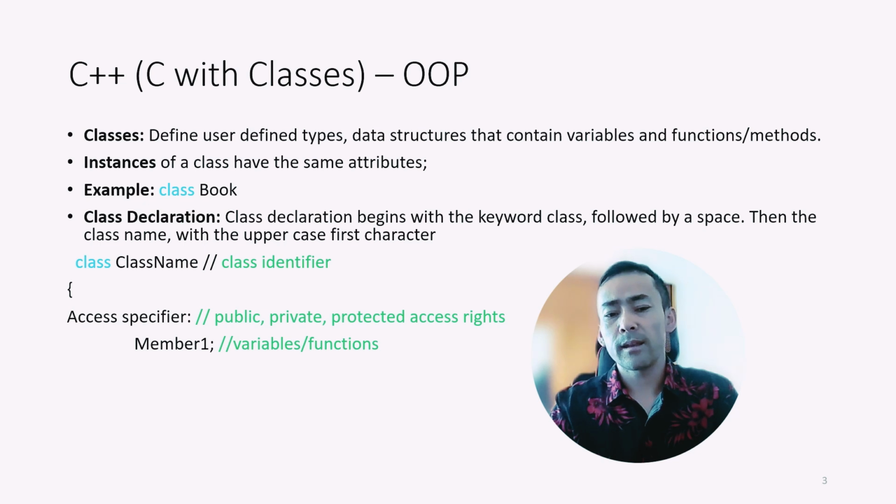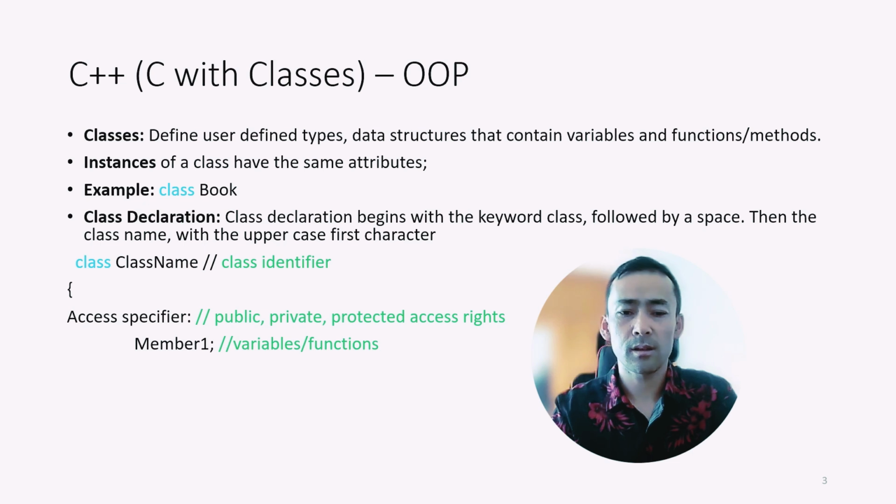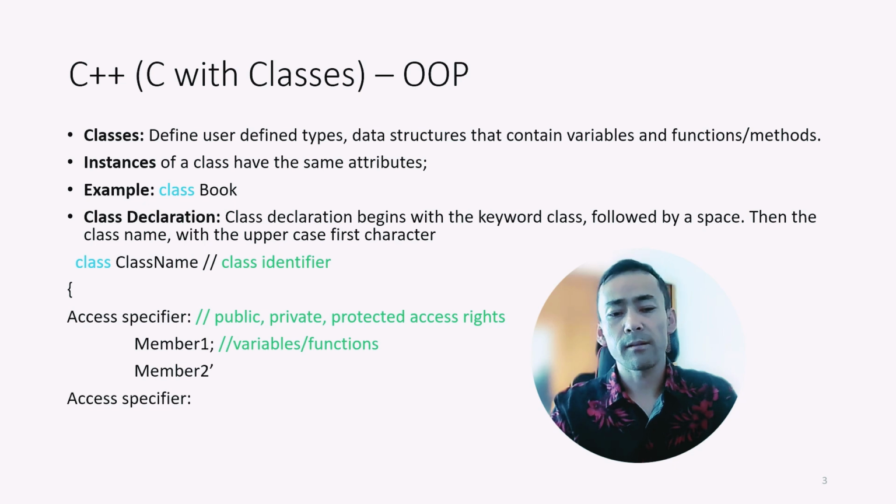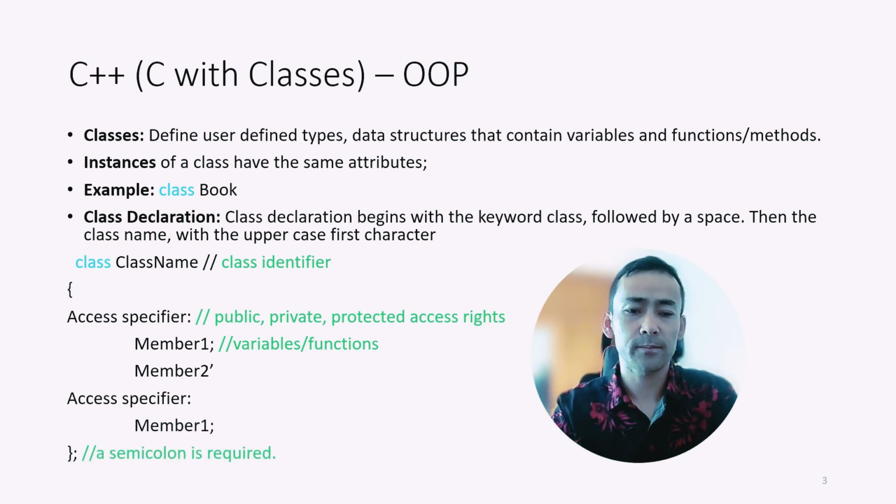And then we may have different members. Members can be variables, and functions are called member functions. We may have many different access specifiers simultaneously in a class. And finally, after the braces are closed, we need to have a semicolon.